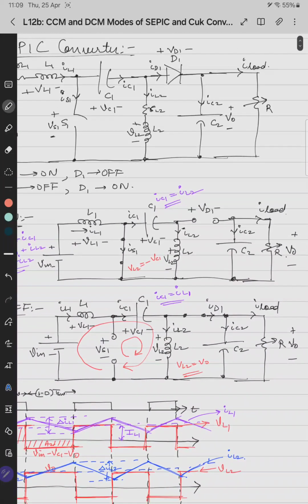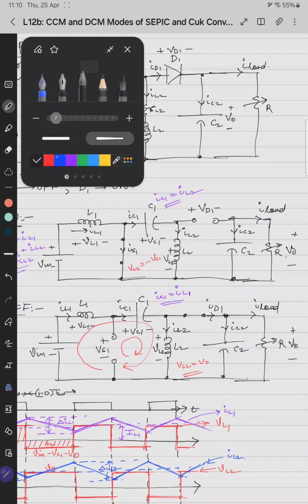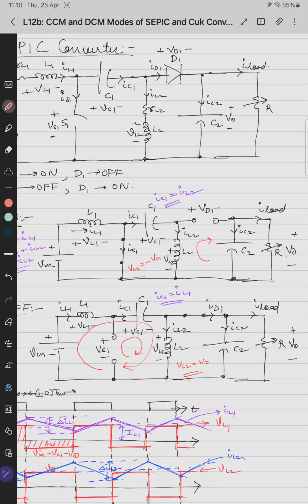Then comes the diode. When the switch is on, what is VD1? If we apply a KVL here, then VL2 is VD1 plus V0, or VD1 is VL2 minus V0.